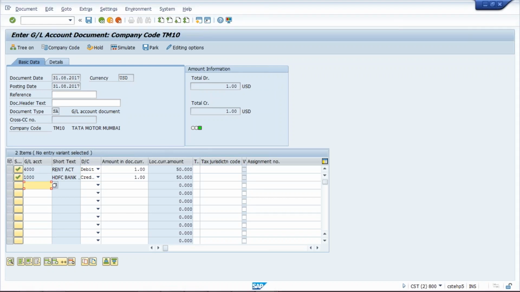So now rent account is going to be debited, bank account is going to be credited. Now this transaction I have posted in US currency. How? Because here I have specified US currency. Click on simulate.